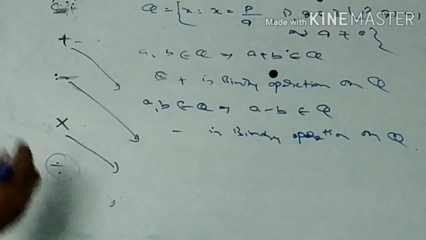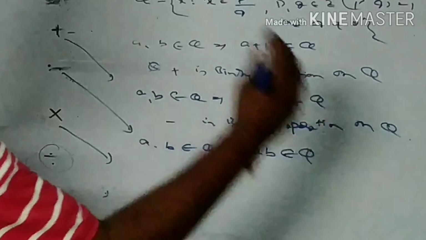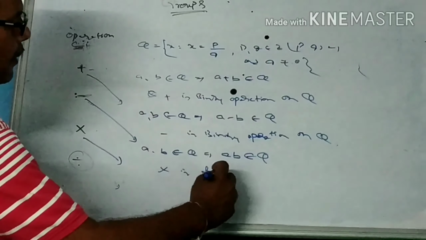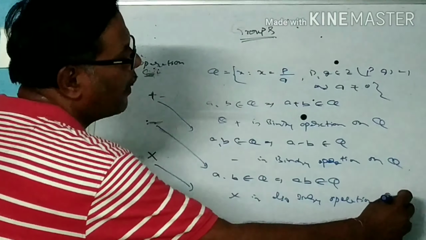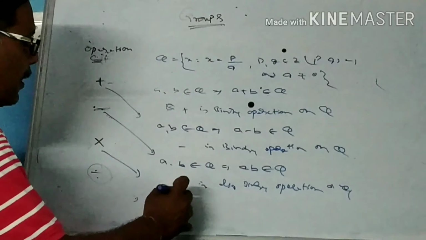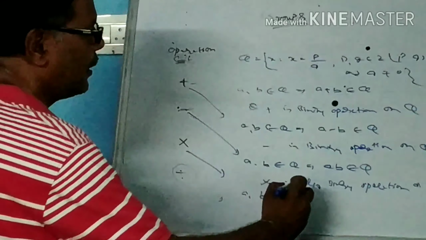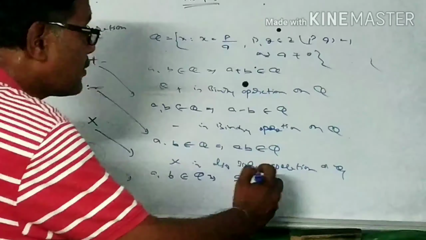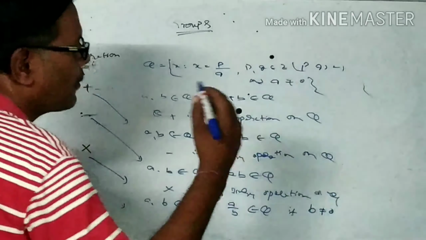on Q. Similarly, a, b belongs to Q implies ab belongs to Q. Therefore, multiplication is also a binary operation on Q. In case a, b belongs to Q implies a by b belongs to Q whenever b is not equal to 0.